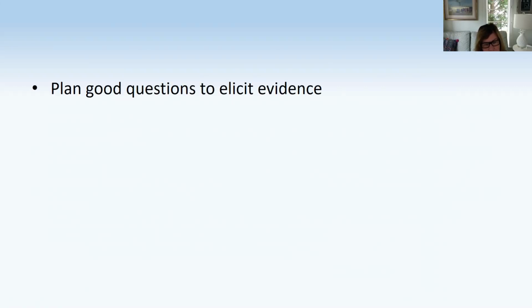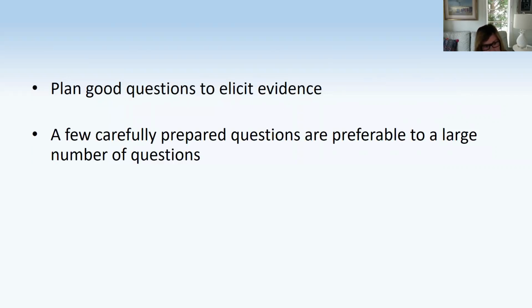So this brings us back to the idea of planning good questions to elicit evidence, to really think it through beforehand. That's not to say that questions won't come up during the lesson, obviously they will, but experience suggests that the more teachers plan these good questions, the more effective they are as formative assessment tools in the lesson. And the idea is that a few carefully planned questions are preferable to a large number of questions.